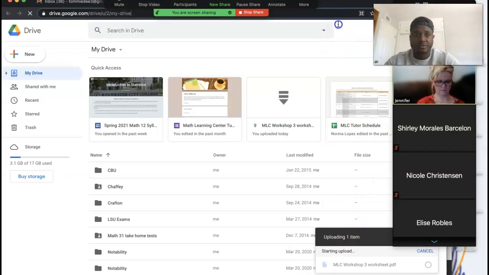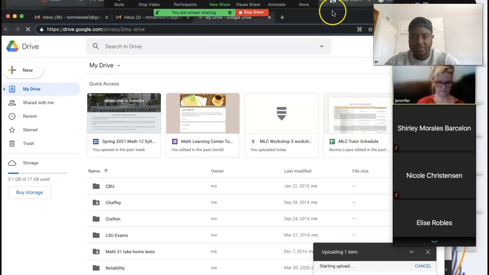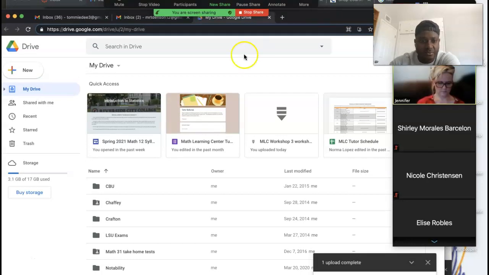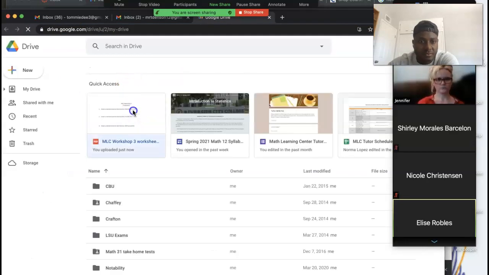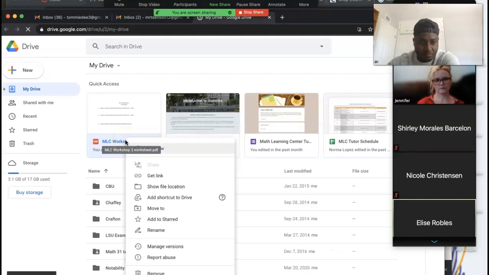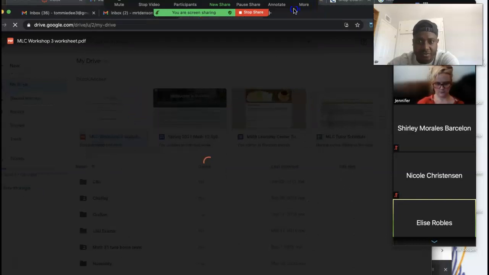All right. Let me kind of try to get started while we're doing it. You guys can still see the worksheet though, right? Okay. You can see mine. Okay. It's loaded. Hmm. Sorry, it finally loaded.